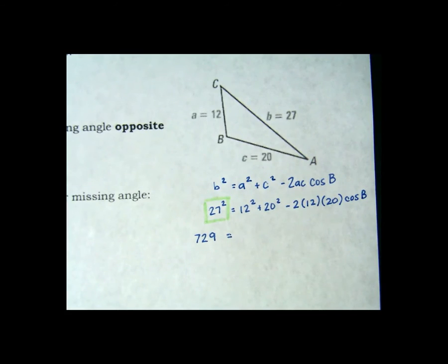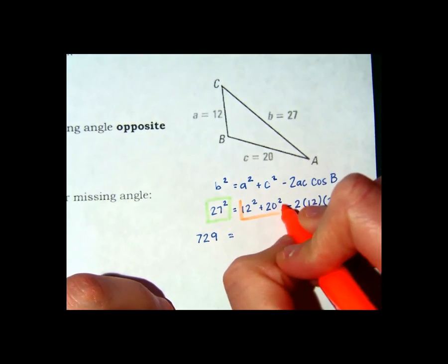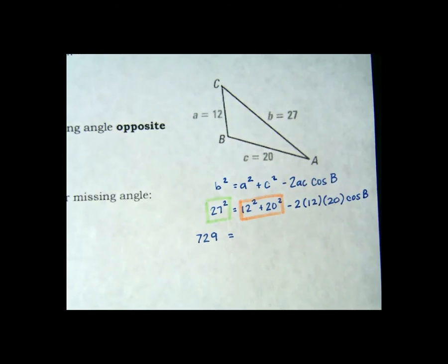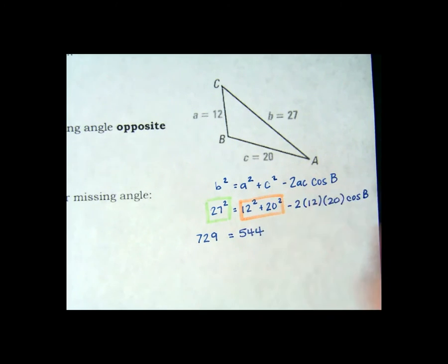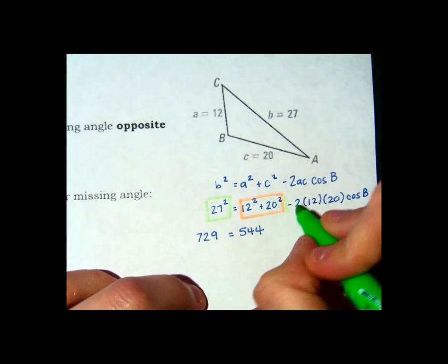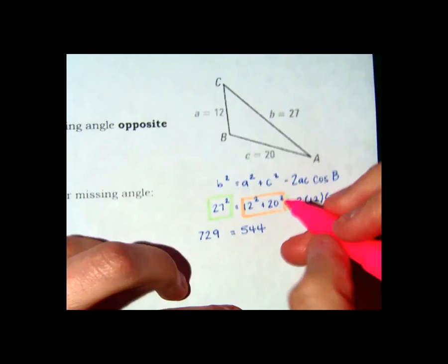Then, you need to find out what 12 squared plus 20 squared is. Then, you need to find out what negative 2 times 12 times 20 is.